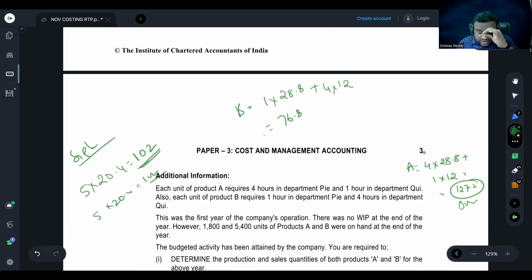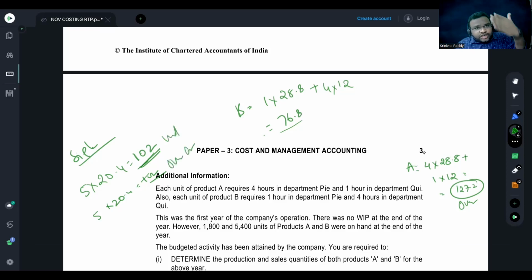Now see carefully. When we discussed the activity based costing chapter, the drawbacks and fallbacks in traditional costing emerged as the need for activity based costing. So if I go with a single overhead recovery rate, I charge every product 102, whether it is A or B. Whereas if I go with real consumption, A I should charge 127.2, B I should charge 76.8. Now when we are working with a single overhead recovery rate, A is underpriced, B is overpriced.